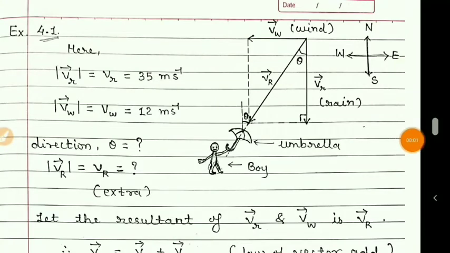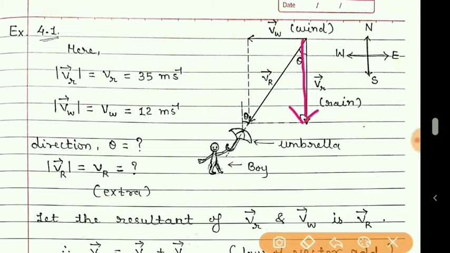So students, it is clear from the statement that the rainwater is falling in a vertically downward direction and then wind starts blowing from east to west, and so the resultant effect will be towards this direction. That is, it is the addition of both the velocity of rain as well as the velocity of wind.